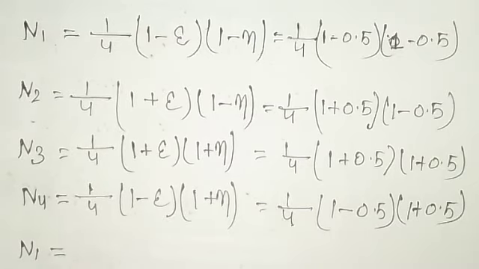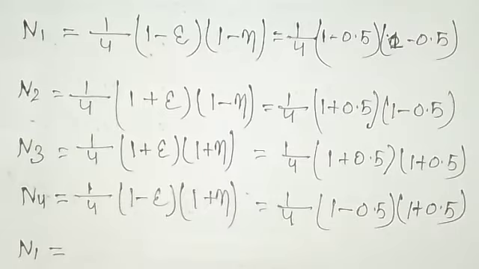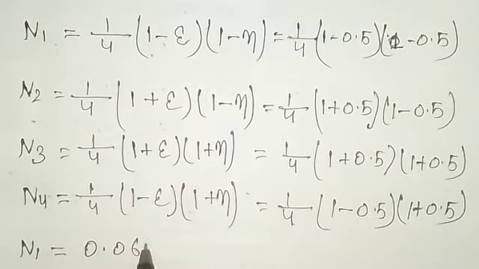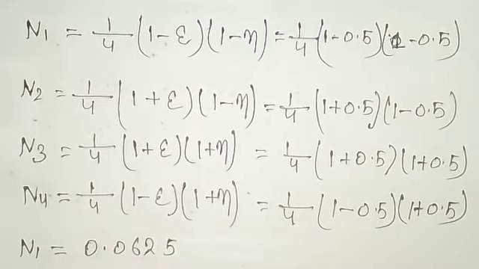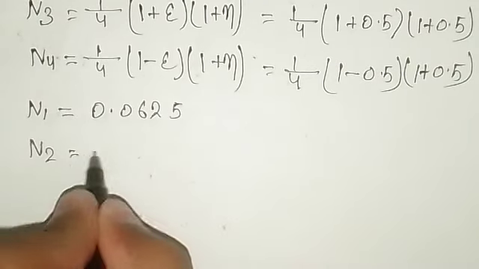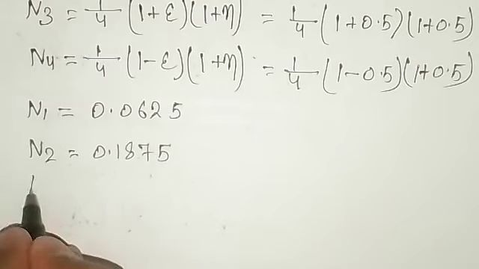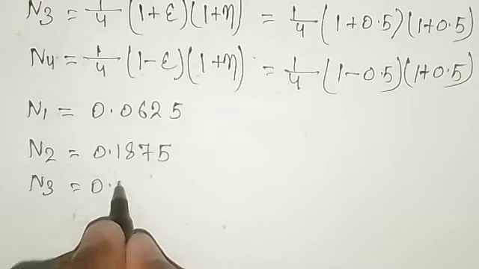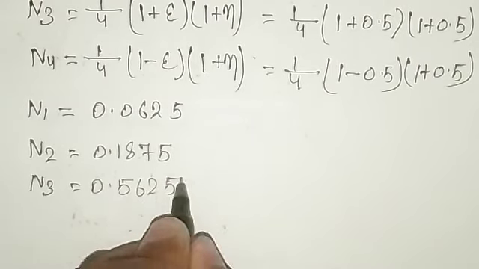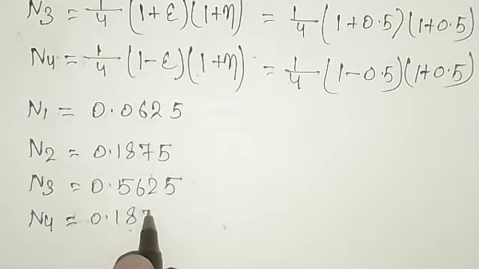On simplification, N1 is equal to 0.0625, alright. Then N2 is equal to 0.1875, N3 is equal to 0.5625 and N4 is equal to 0.1875.